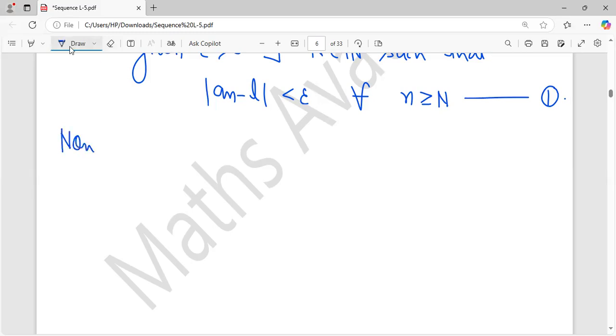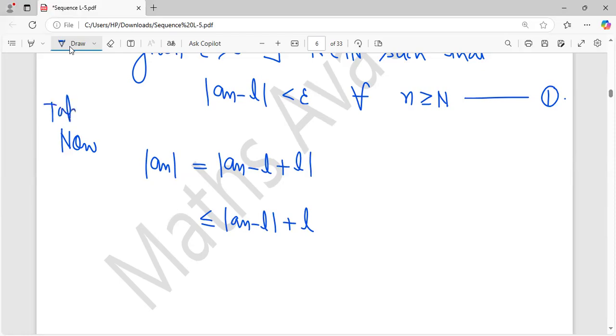Now, I can write an as an minus L plus L, and use the triangle inequality.